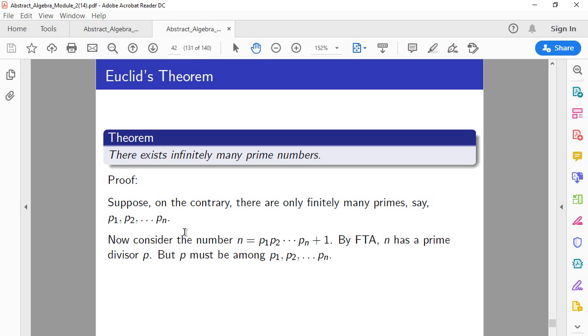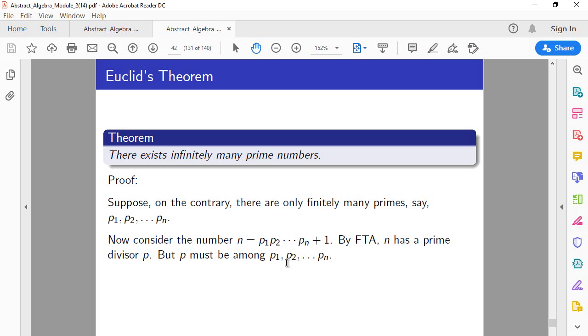Then let's consider the number n, which is the product of all the prime numbers plus 1. By the fundamental theorem of arithmetic, we know that n must have a prime divisor. So let's say the prime divisor of n is p, and so p must be among these finitely many primes that we are assuming.